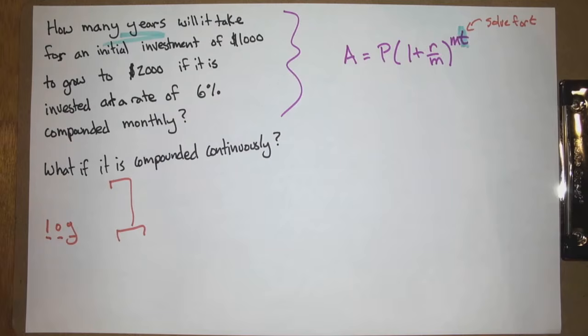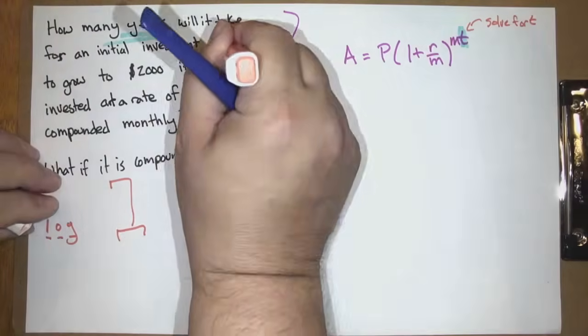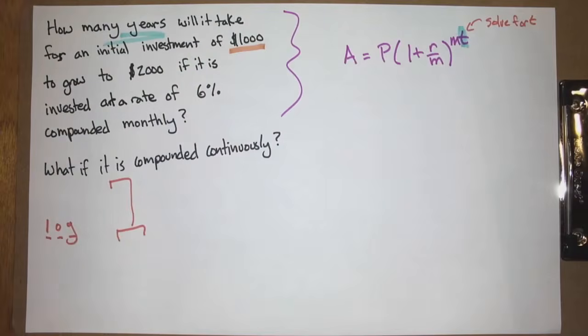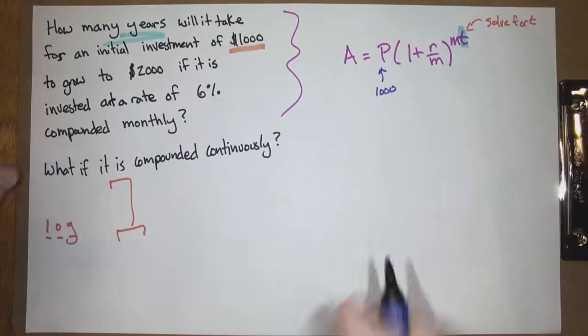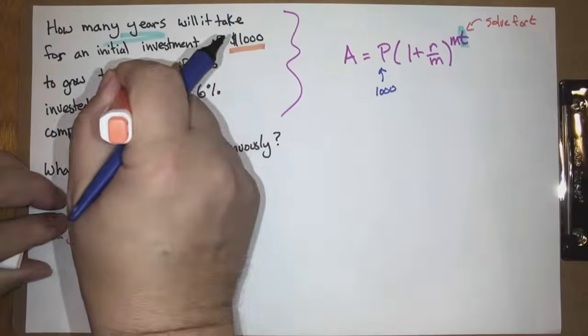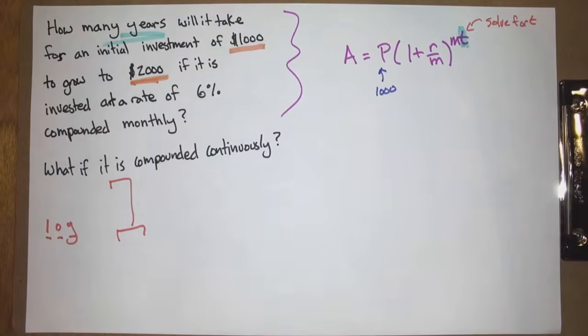All right, so we have a bunch of numbers, and one of the things we can do is go through and at least figure out how the numbers fit in. 1,000, that's our initial investment. What does that correspond to? P. That's where you start. 2,000, that's what we want it to be. What does that correspond with?